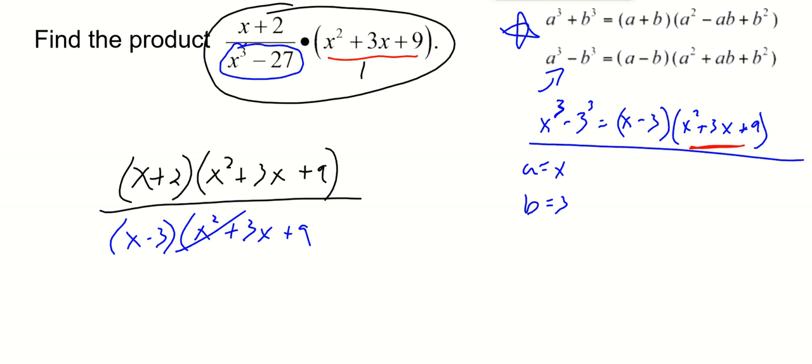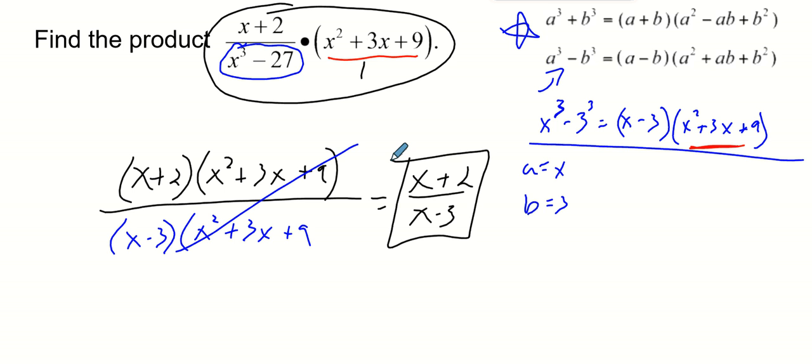These cancel out, so we are just left with two binomials, x plus 2 on the numerator and x minus 3 on the denominator. Remember, do not try and cancel out these x's because there's an addition and subtraction sign there. This is one term and this is one term.